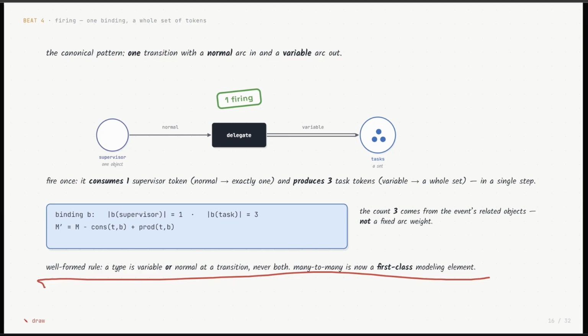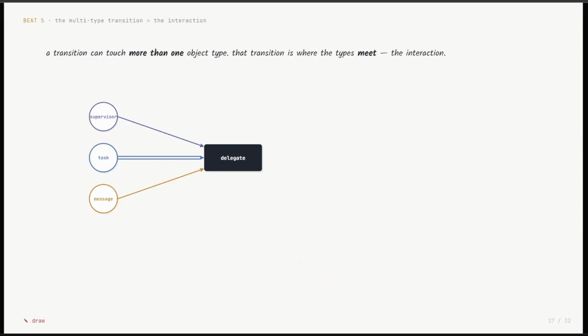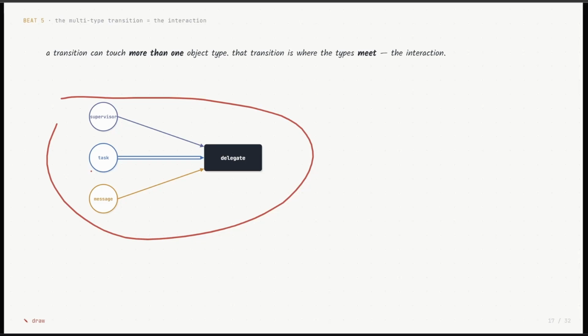Because different types with different arc kinds is exactly the point here. So many-to-many is now a first-class element of the model, not something you flatten away. And now we don't need to flatten, of course. Let's take this example. A transition can touch more than one object type.